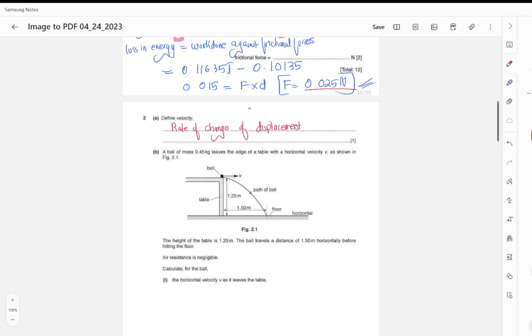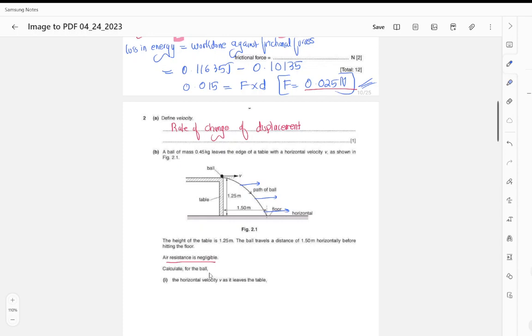So that means, first of all, air resistance is considered negligible. We can see that this horizontal component will remain the same throughout. It will not change at all.